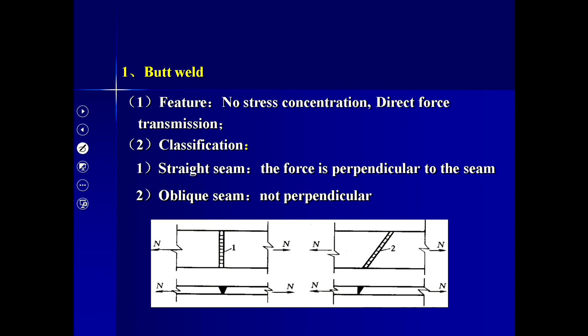The butt weld has no stress concentration, and direct force transmission. The classification is straight seam, where the force is perpendicular to the seam, and oblique seam, not perpendicular, with a different weld method from the part.